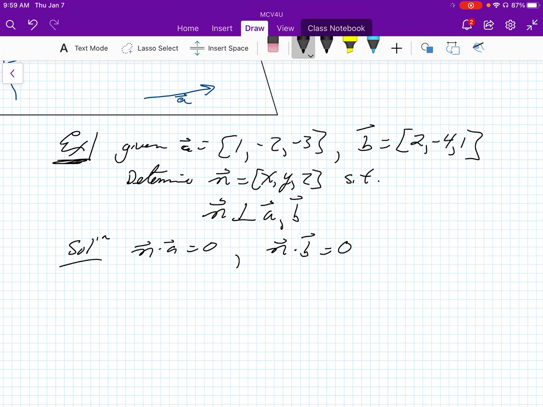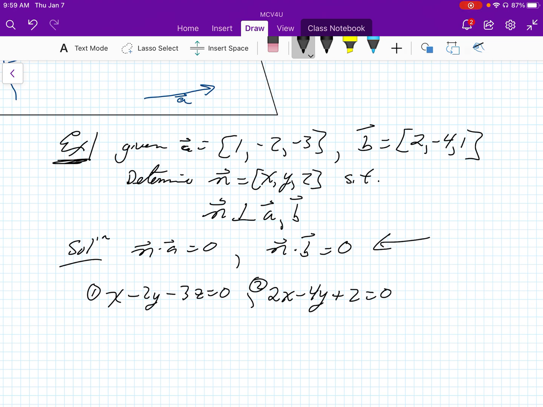So we've got x minus 2y minus 3z equals 0. And in the second equation, we have 2x minus 4y plus z equals 0. All right, one equation, 2 equations, given the fact that n is perpendicular. The dot product must be 0.